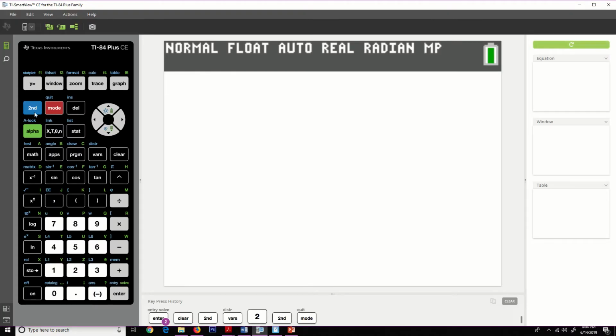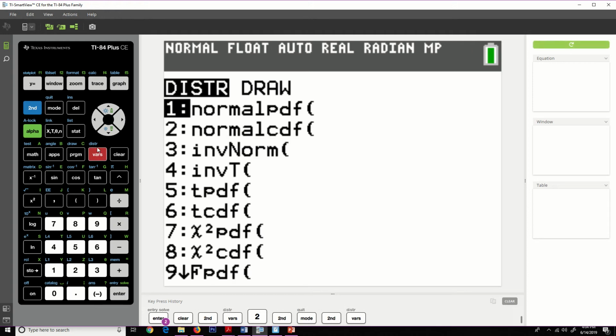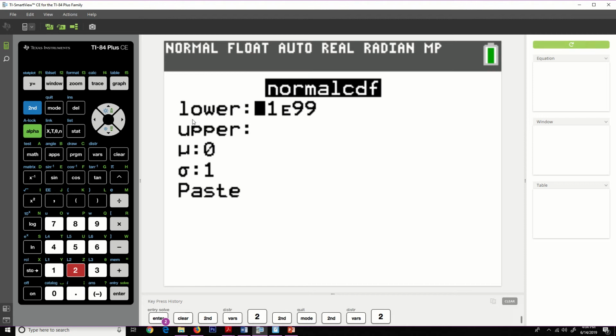So let's do that. It's second, and then the vars to bring up the distribution menu, and we're going to use the 2. We still want the lower value to be really small, so it doesn't have to be 1 times 10 to the negative 99th, but we can make it something small. We do want the upper bound to be 1.